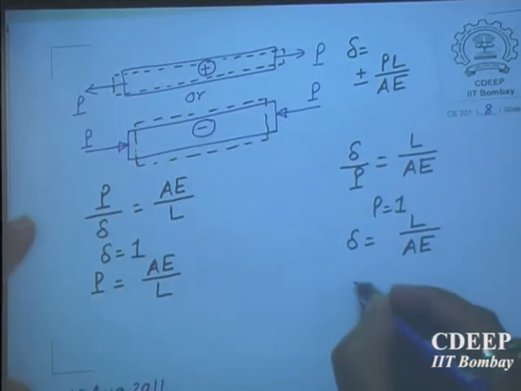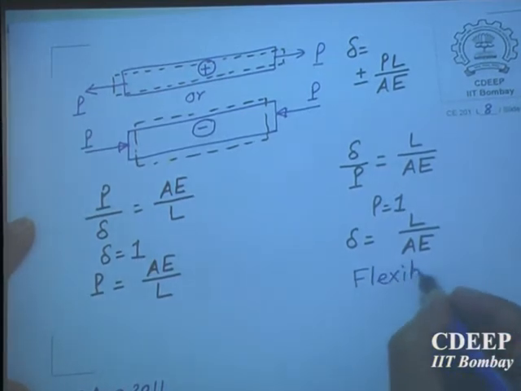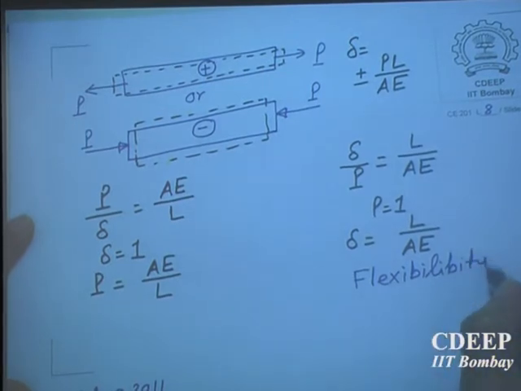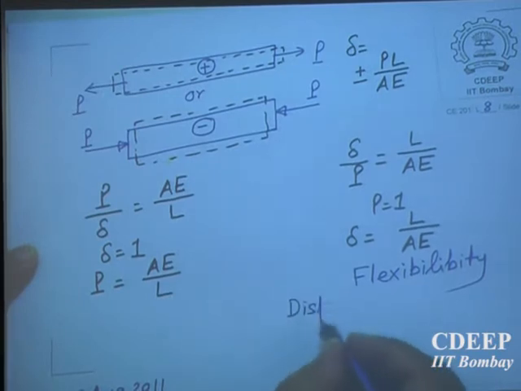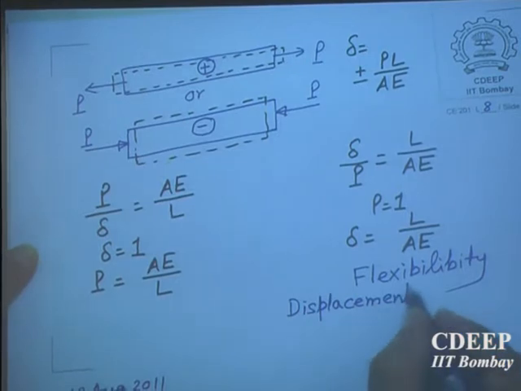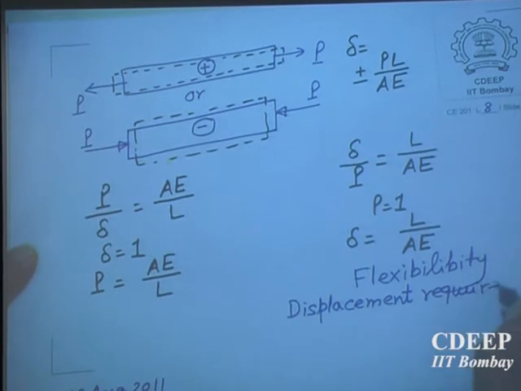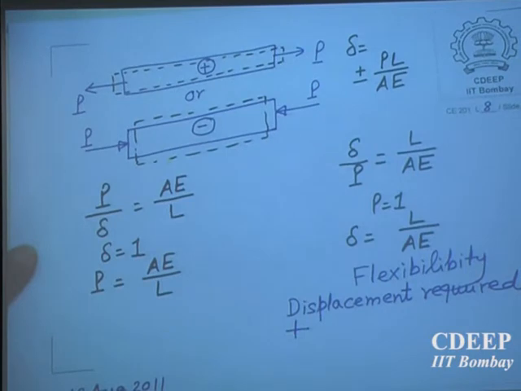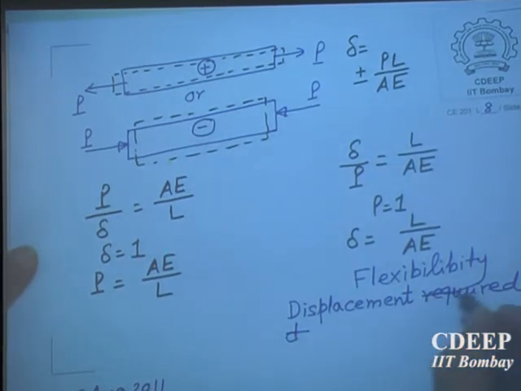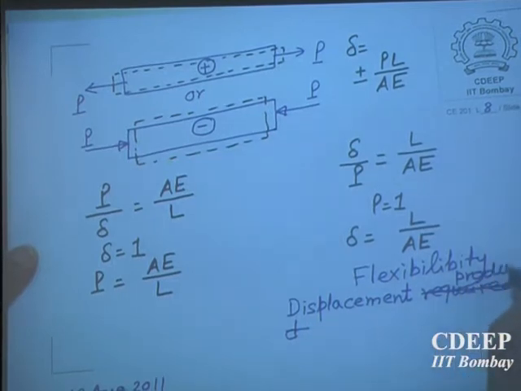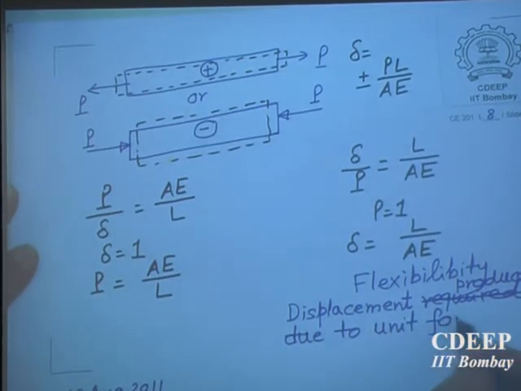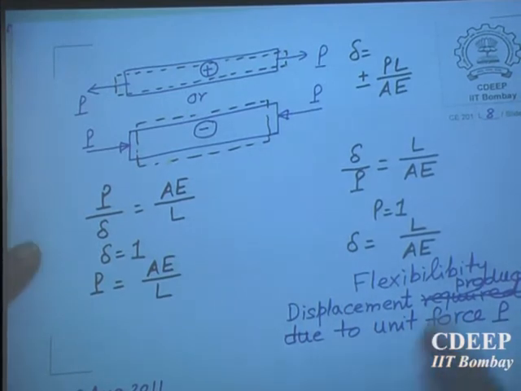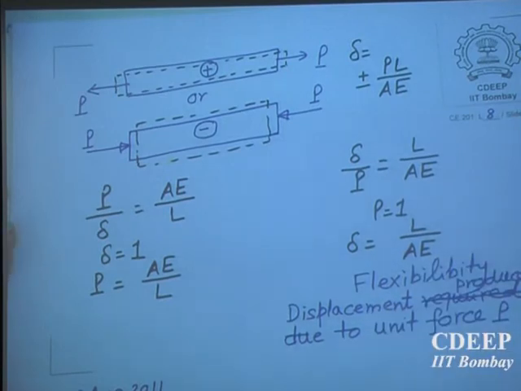So this gives us the concept of flexibility: the displacement produced due to unit force P. L by AE is called the flexibility of the rod.